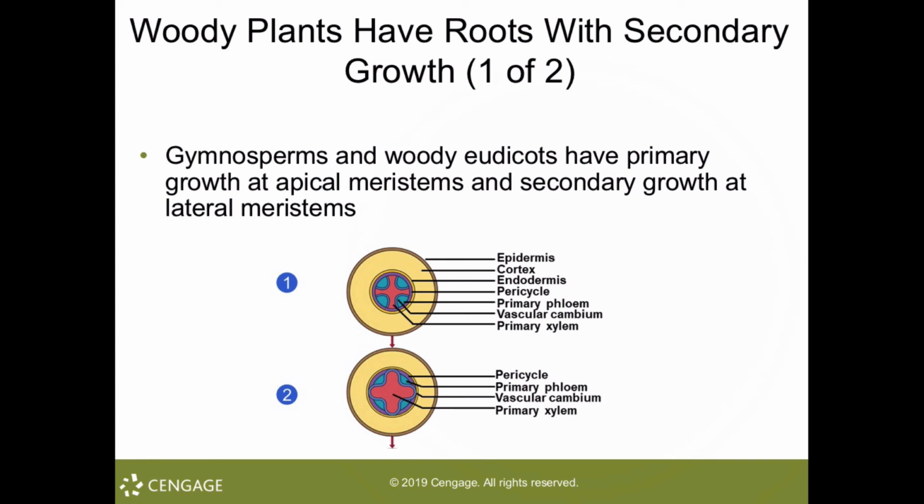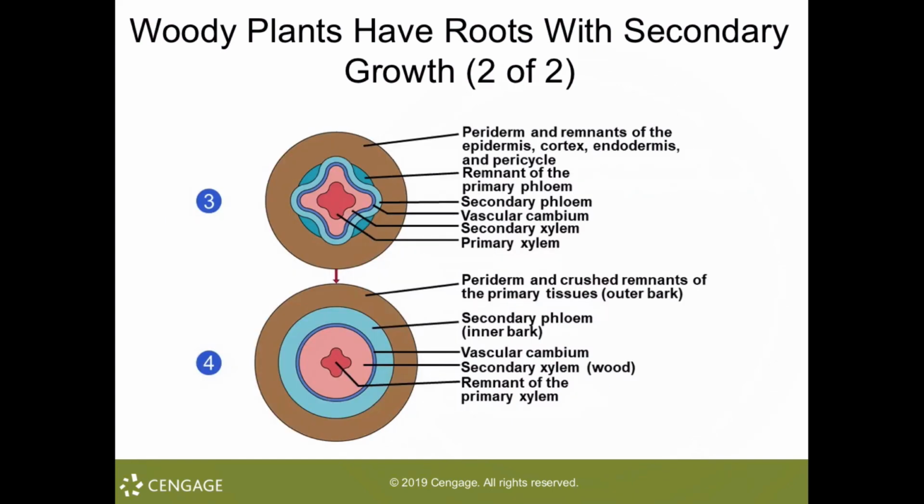And a bit of this was presented in chapter 35. Both of which are produced by the cork cambium. So the cork cambium in the root initially arises from regions in the pericycle. So there we are.